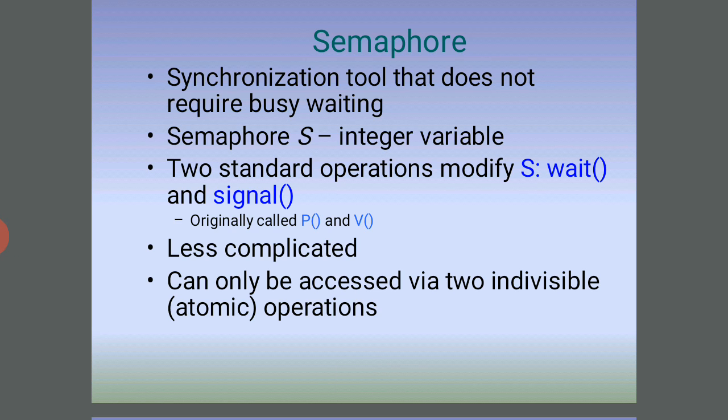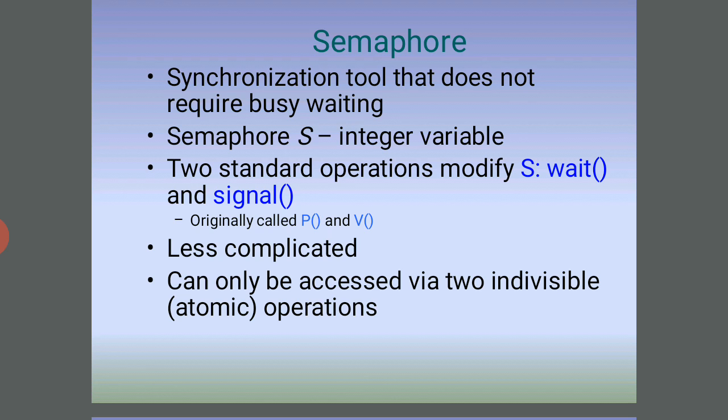So what is a semaphore? A semaphore is an integer type variable. The semaphore is accessed only through two standard atomic operations: wait and signal.